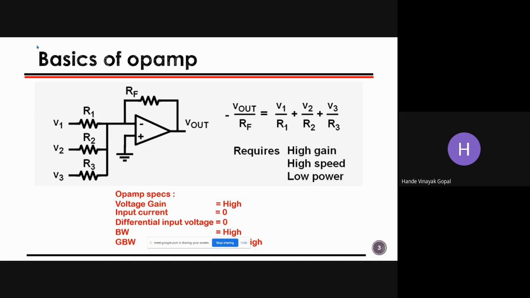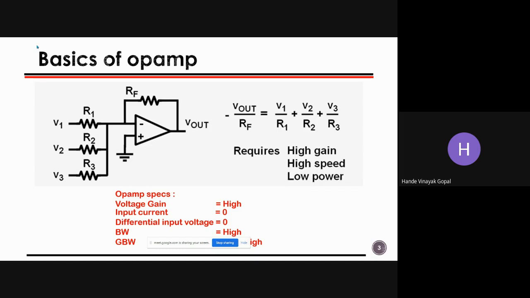This picture is very, very familiar to everybody who works in a similar domain. And this is nothing but an adder, right? The adder equation has an amplification factor, that is RF by R1, RF by R2, RF by R3, depending on whatever amplification you need across every voltage, right?